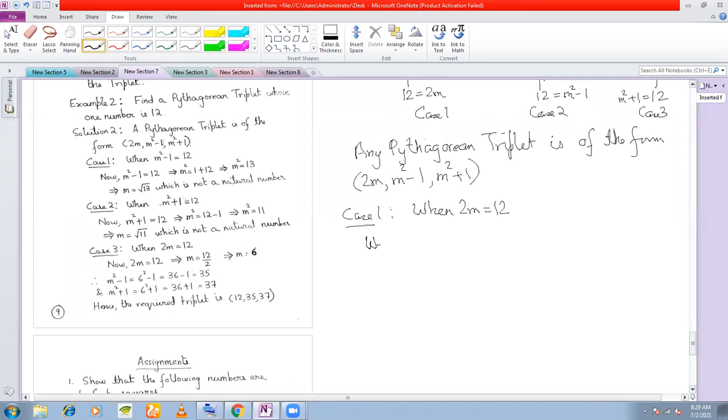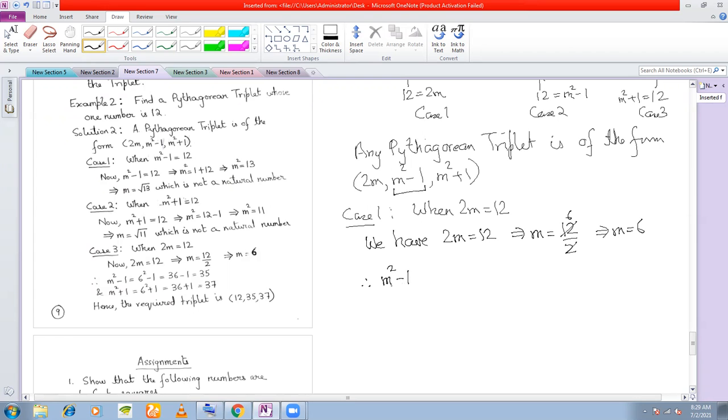So we have 2m equal to 12. That means m must be equal to 12 by 2. That means m must be equal to 6. Right? So once we have got the value of m, let us see what number this is.